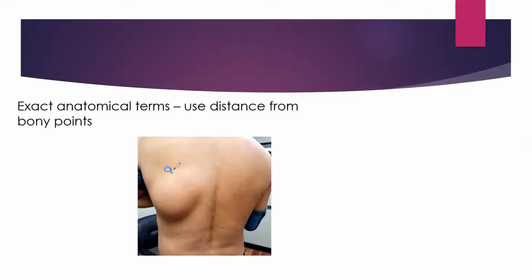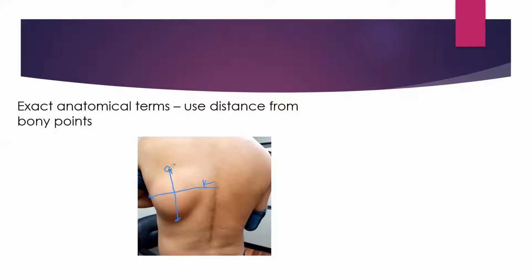The superior border, the lateral border is 2 centimeter from the mid spine, and the medial border is 10 centimeter from the mid spine, and the lower border is near about 8 centimeter from the inferior angle of the scapula.